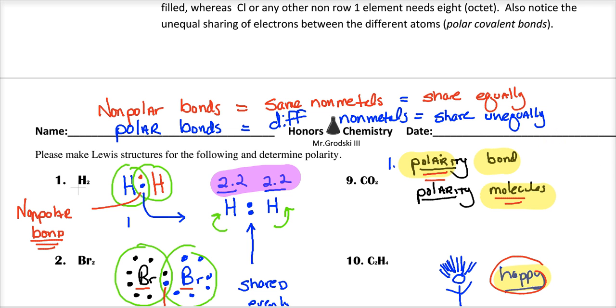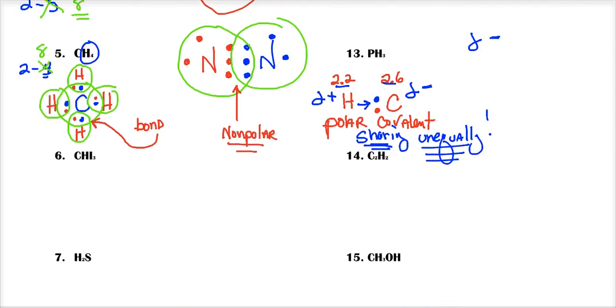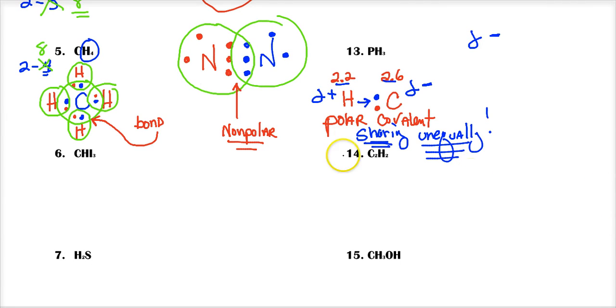And that's what makes poles. Okay? All right, so we would say that CH4, called methane, has 4 polar bonds.